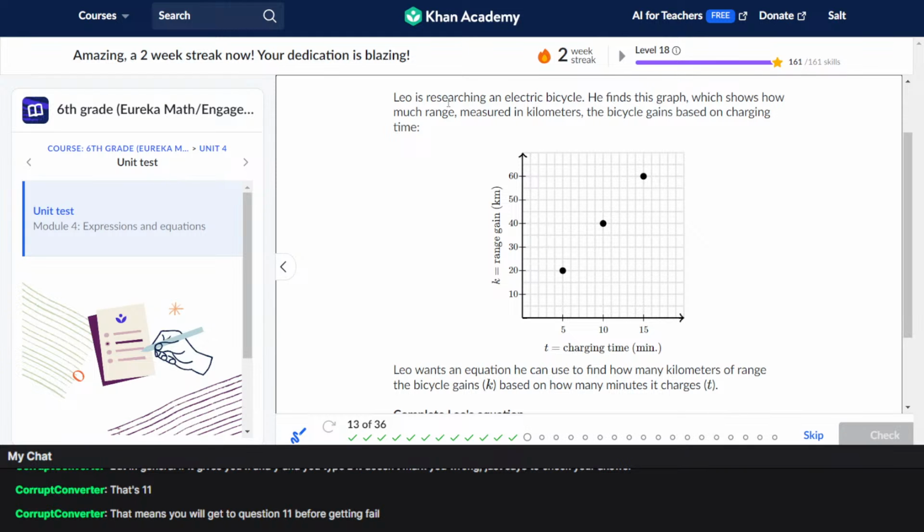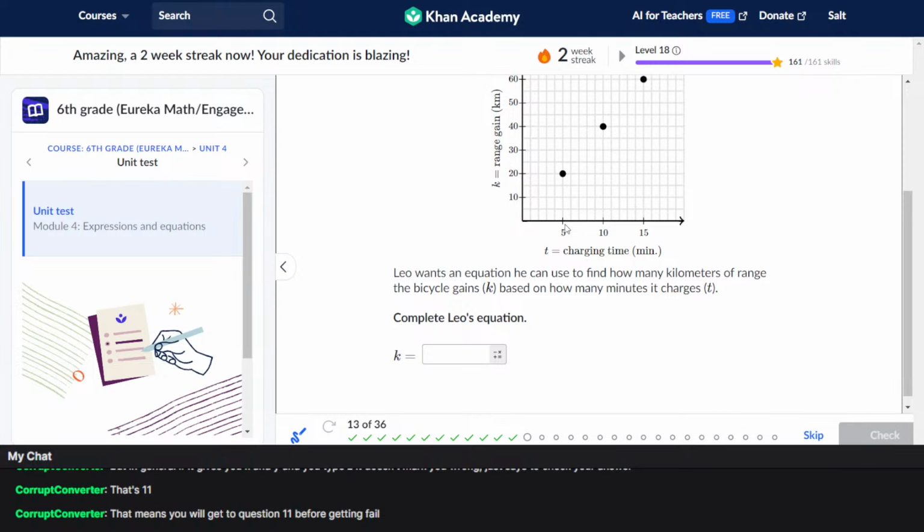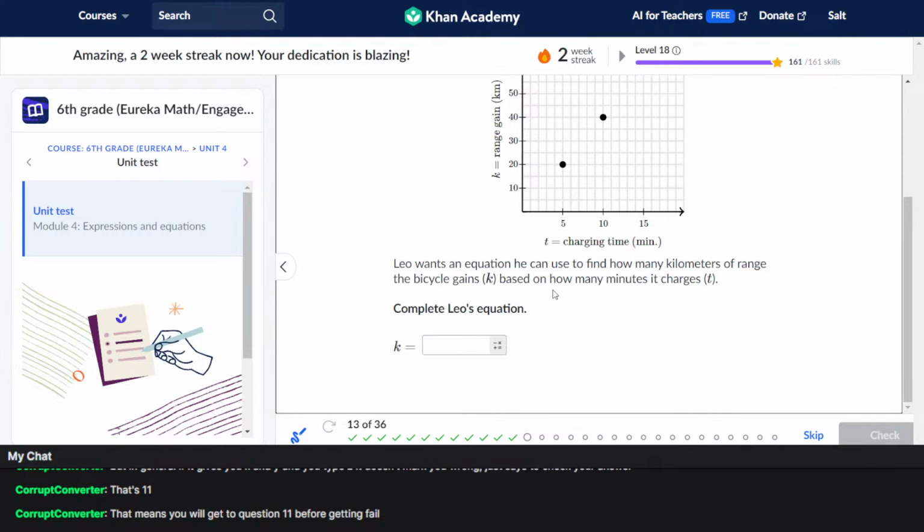This graph shows how much range, measured in kilometers per second, gets based on charging time. How many kilometers in range the bicycle gains based on how many minutes it charges.